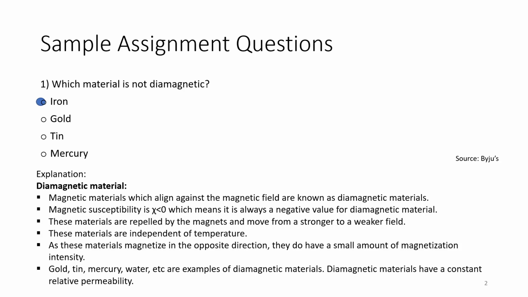And these materials are repelled by the magnets and move from a stronger to weaker field, and these materials are independent of temperature. And these materials magnetize in the opposite direction. They do have a small amount of magnetization intensity compared to other materials, and gold, tin, mercury, water are some examples of diamagnetic materials, and these have constant relative permeability.